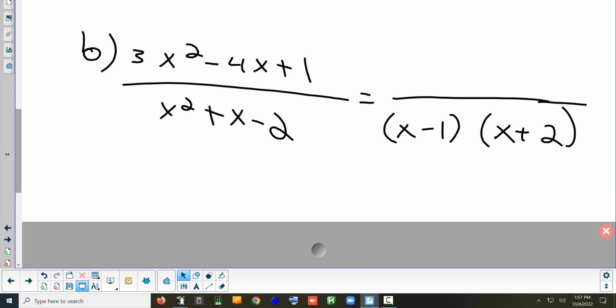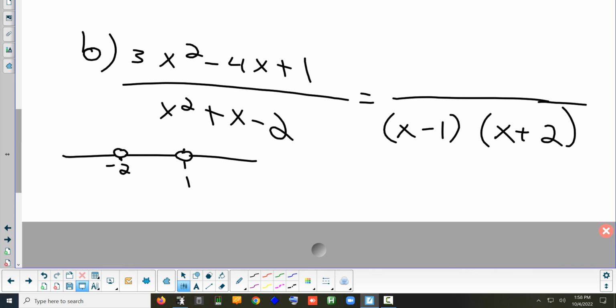So now, what two numbers can you not use because they would make the denominator 0? Yep. 1 and negative 2. So think of that one like this. Here's negative 2. Here's positive 1. You can't use negative 2, and you can't use positive 1.